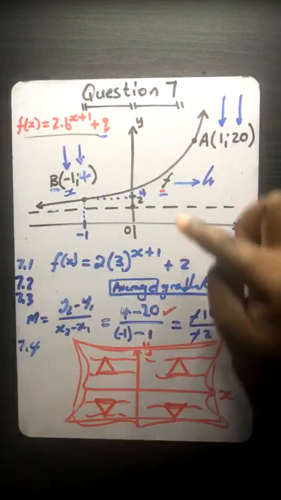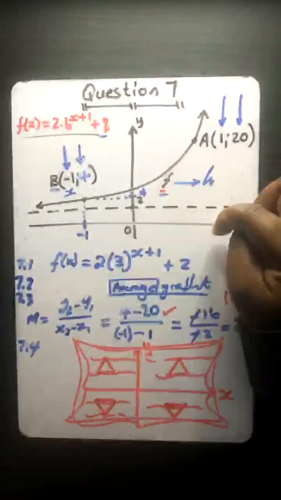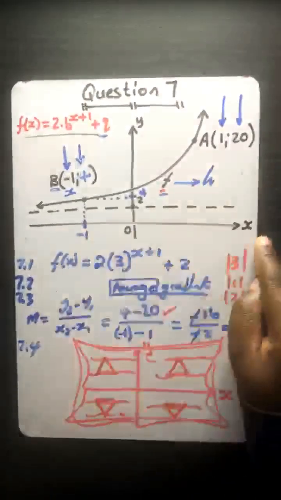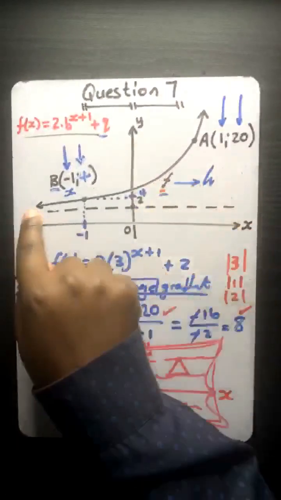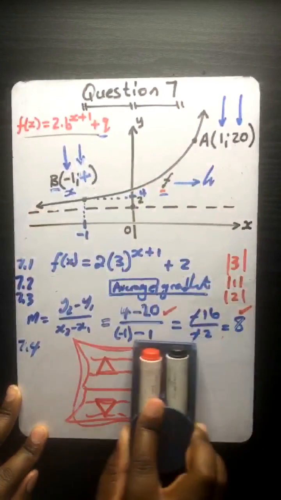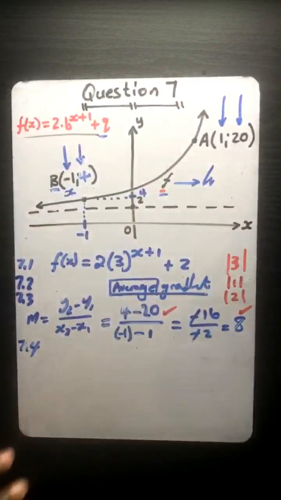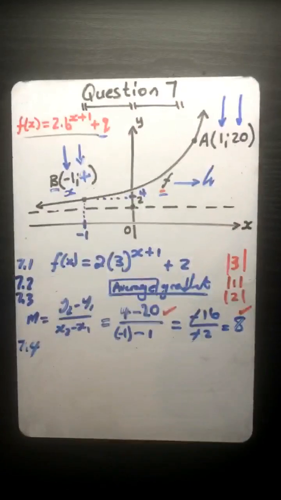So this one, ask yourself, is it being reflected about the x-axis, the y-axis, or an asymptote? Then try to guess how it will look. Just try to think of it, guys. You can even try to write it down somewhere to see how it will look.